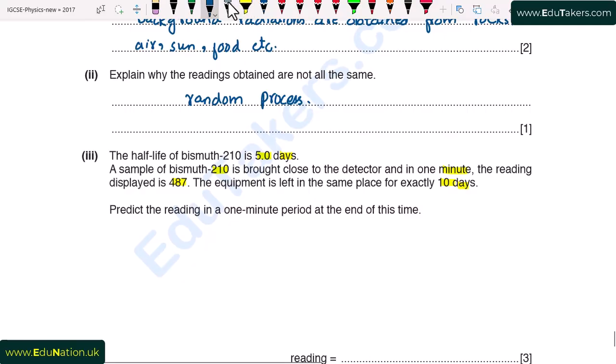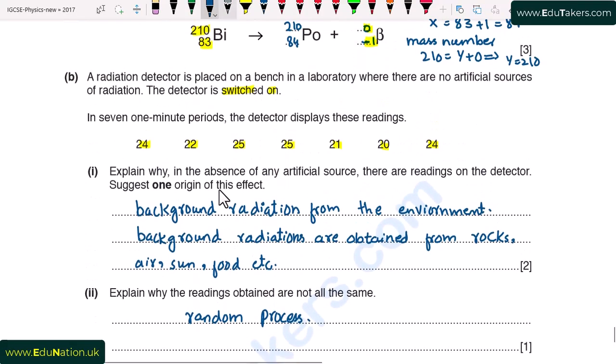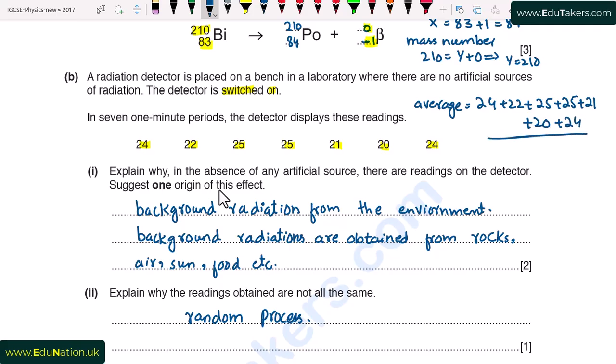So first of all, when there is no radioactive source near the detector, the readings are given as these. First of all, I find out the average of these readings. I write here average is equal to, these are the average of the readings due to the background radiation. So it will be 24 plus 22, 25 plus 25 plus 21 plus 20 and 24, then divided by the total number of readings. So these are 7.